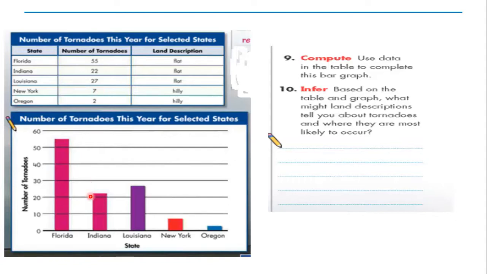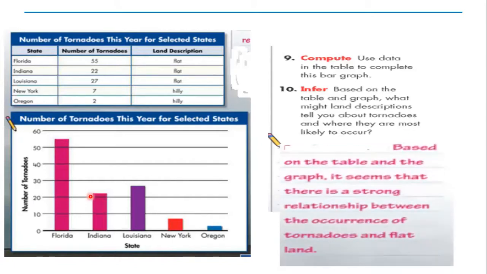Question number 10. I want another girl to answer. Based on the table and the graph, what might land descriptions tell you about tornadoes and where they are most likely to occur?